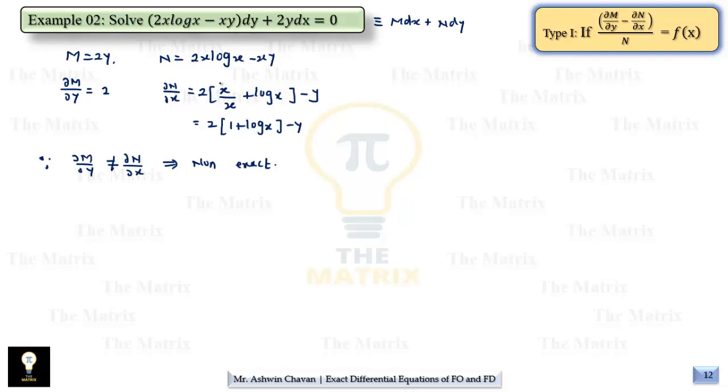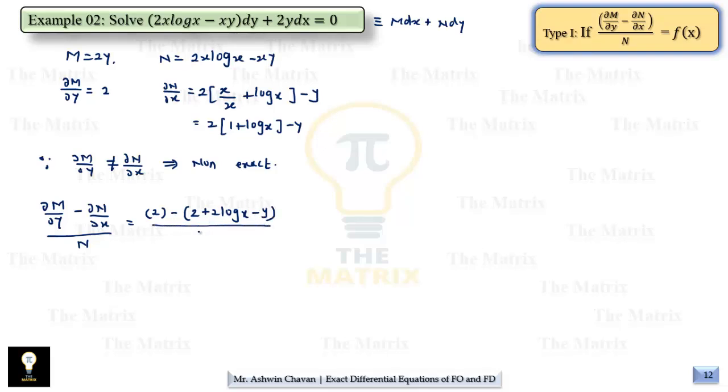So we have to divide it by the same type of function, that is N. Let's see whether their combination gives us the proper format. So (∂M/∂y - ∂N/∂x) divided by N: ∂M/∂y is 2, minus ∂N/∂x, which is 2 + 2 log x - y, upon N.